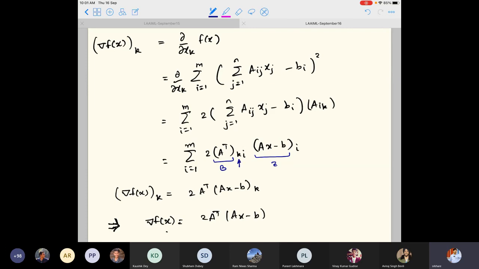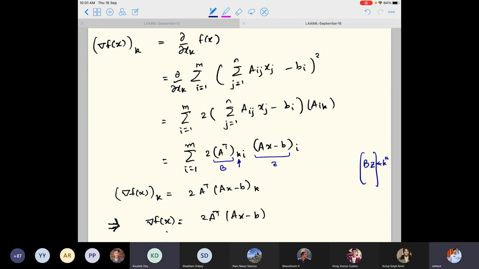That means you are looking at the kth row of matrix B and multiplying it with vector Z. Because this is a matrix-vector multiplication, you will get a vector, and you are looking at the kth component of this vector by this sum.